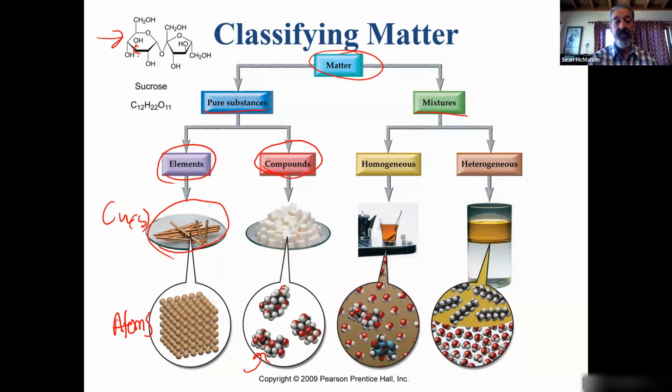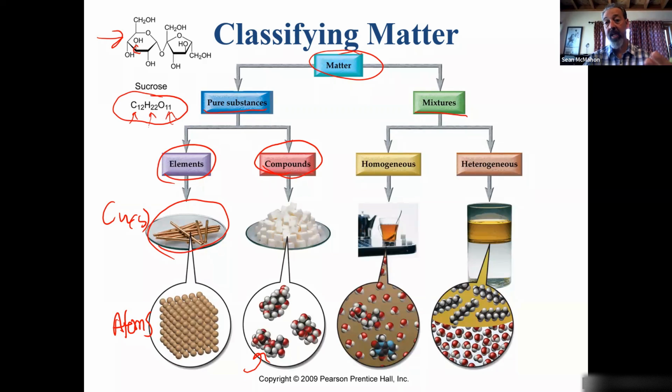But basically, if we look at the chemical formula, and we'll learn all this stuff as we progress through, what we notice is that the compound of sucrose has 12 carbon atoms, 22 hydrogen, and 11 oxygen bound together to this fixed structure.